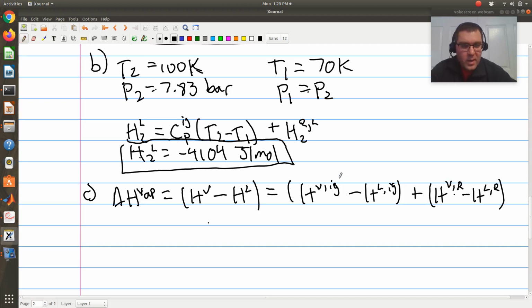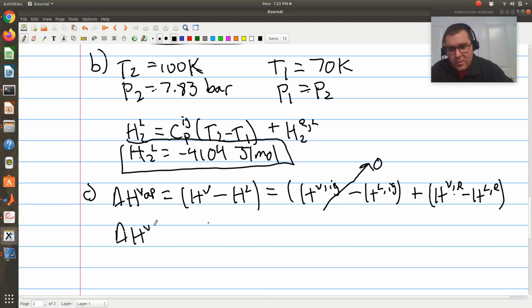The key is that we encountered first in chapter 3, we showed that internal energy is only a function of temperature for an ideal gas, and we also showed that enthalpy is only a function of temperature for an ideal gas. Since I have a difference in ideal gas enthalpies at the same temperature, because at vapor-liquid coexistence my two phases are at the same temperature and pressure, that difference is equal to 0.